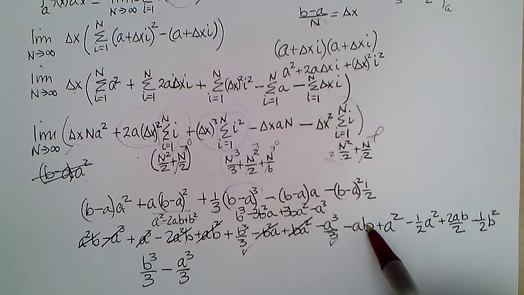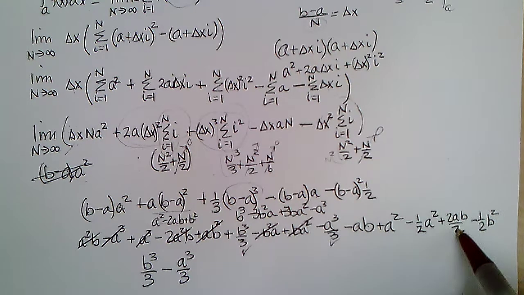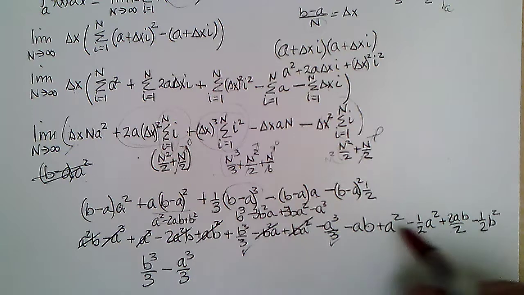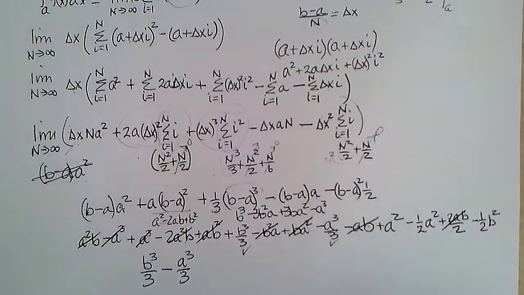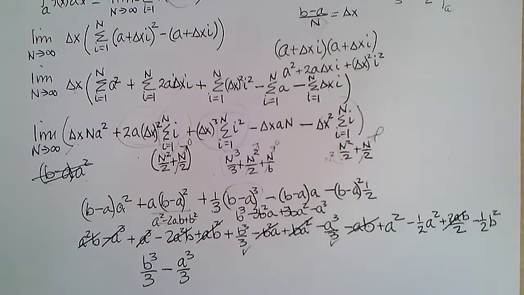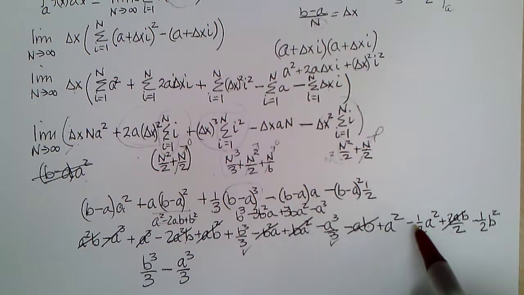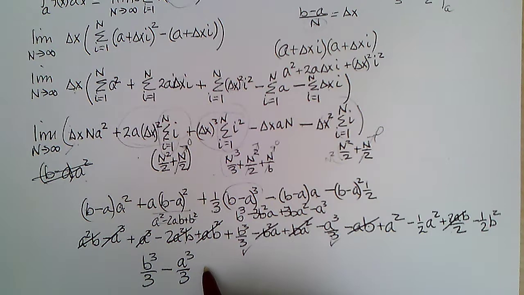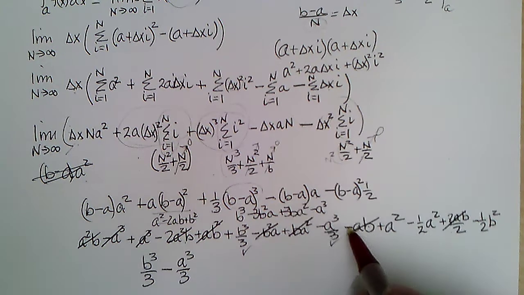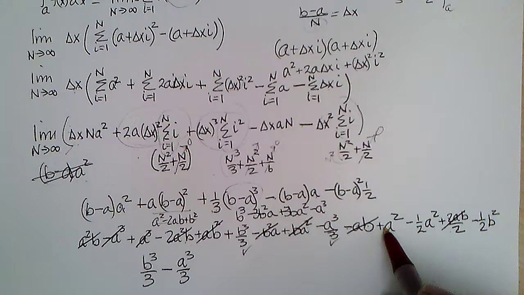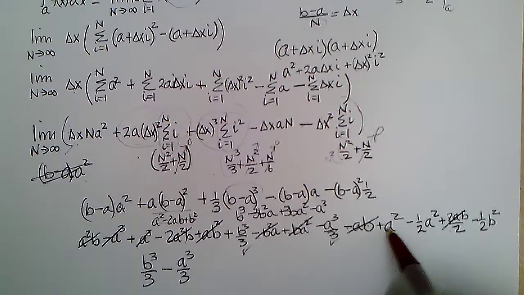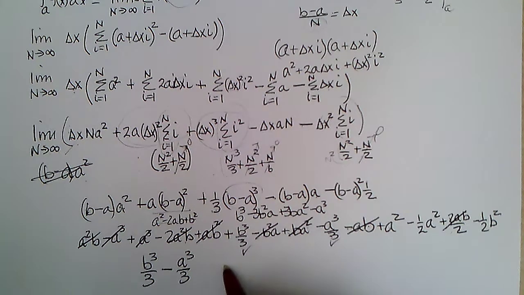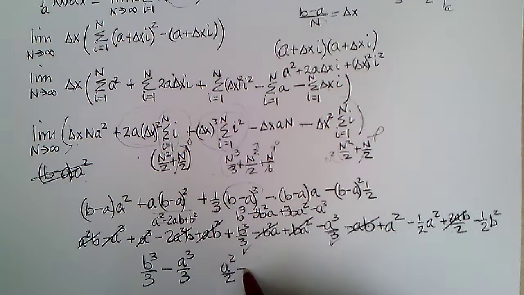I got a minus ab, and this is 1 ab, so those cancel out. I have a squared minus 1/2 of a squared. Oh no, a squared minus 1/2 a squared is a squared over 2 minus b squared over 2.